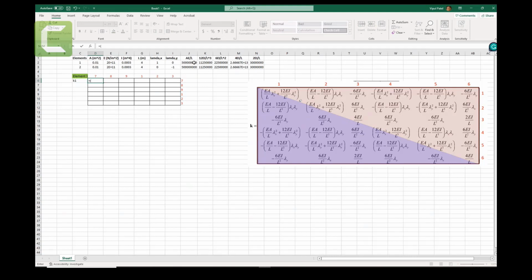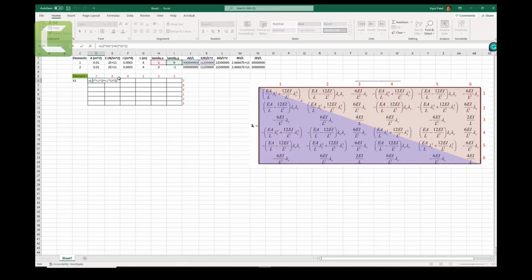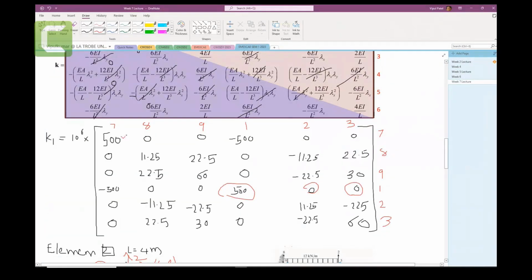So AE on L times lambda x squared plus 12 EI on L cubed times lambda y squared. Oh, I did not close the bracket, so they did not like it, but now it is closed. So that's all good, and 500 times 10 raised to minus 6. You can check it. The first one looks amazing.